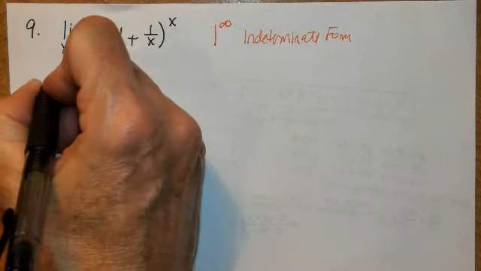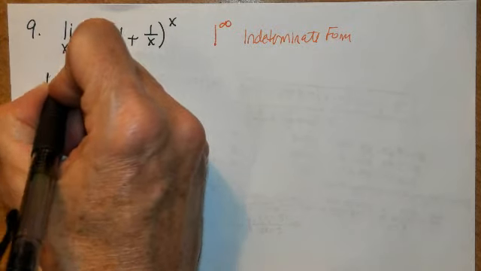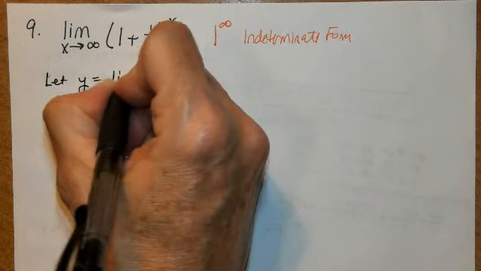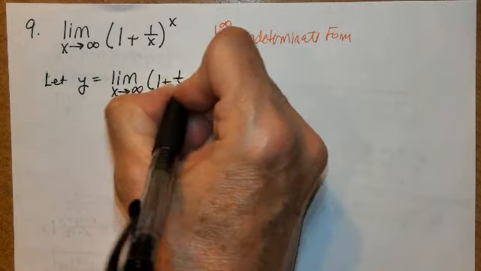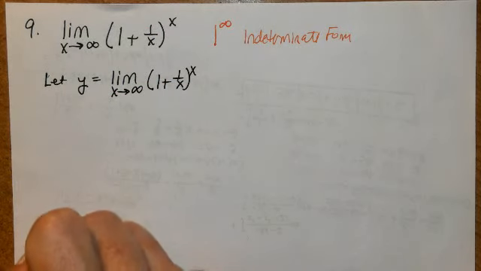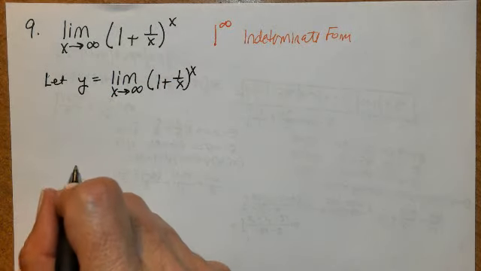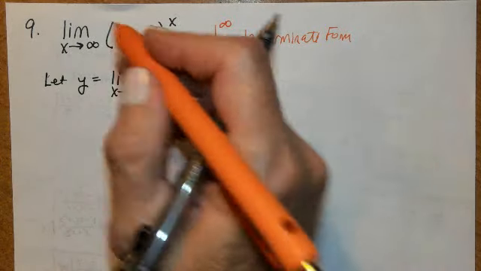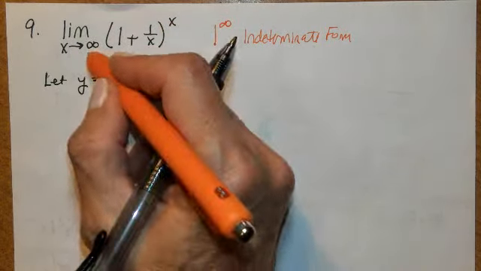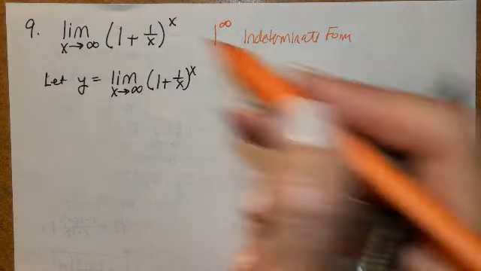So here's what I'm going to do. I'm going to let y equal my limit. Now I can come in and take the log of both sides. I can't just take the log of this, because that would change the value of it.